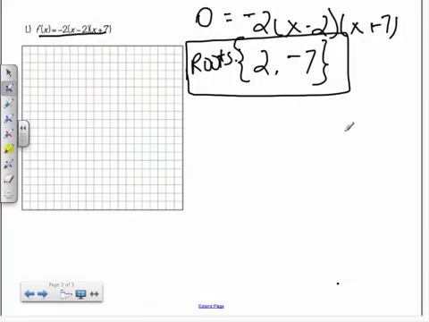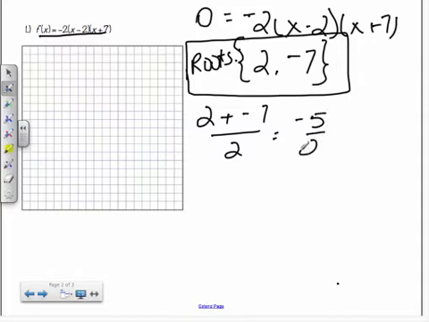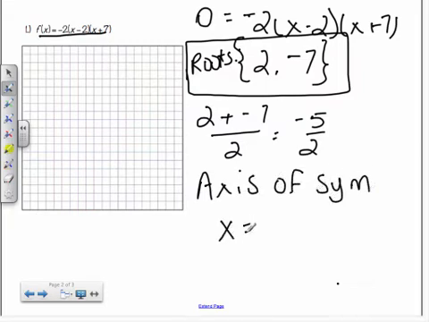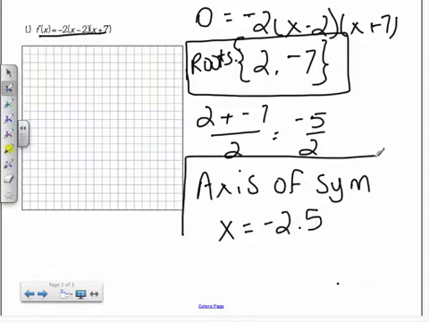So I'm going to do 2 plus negative 7, cut that in half, so I get negative 5 over 2, which means that my axis of symmetry is going to be x equals negative 2.5.